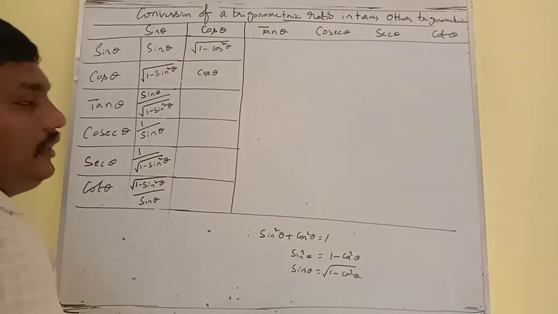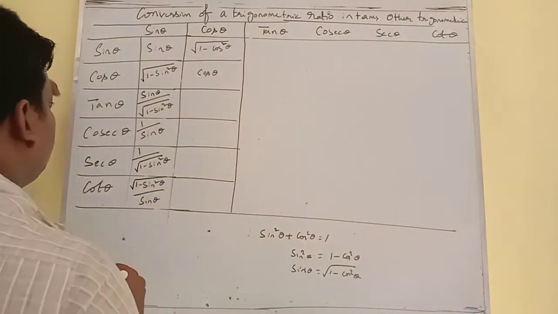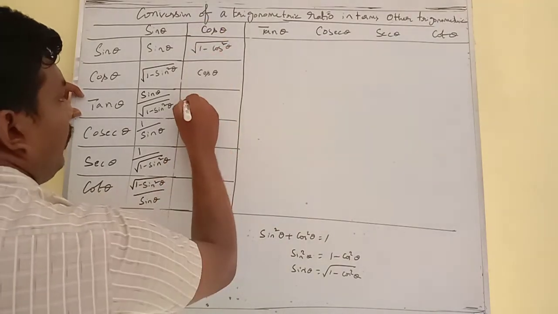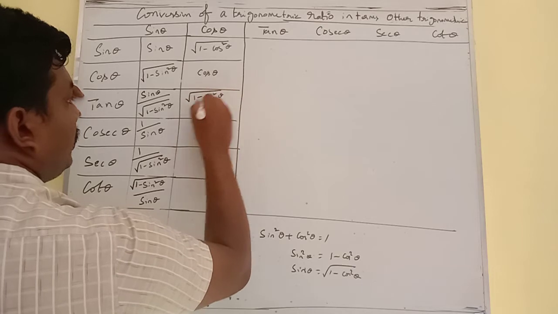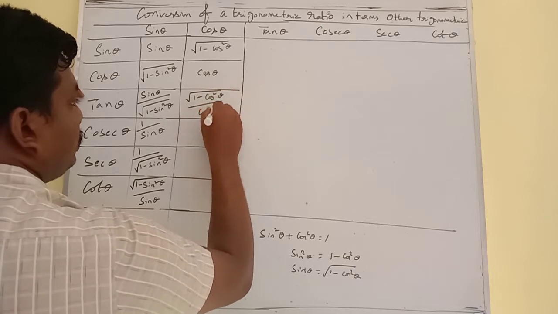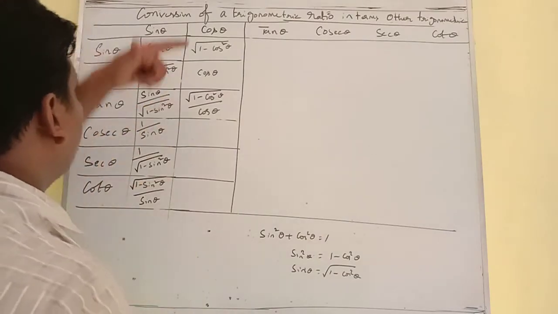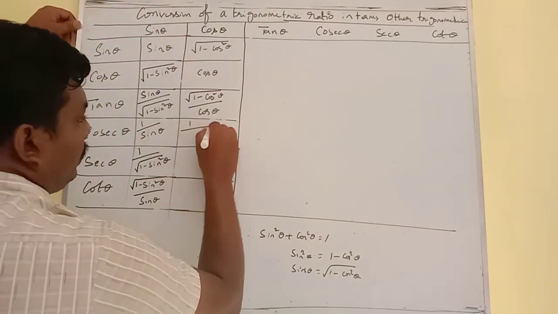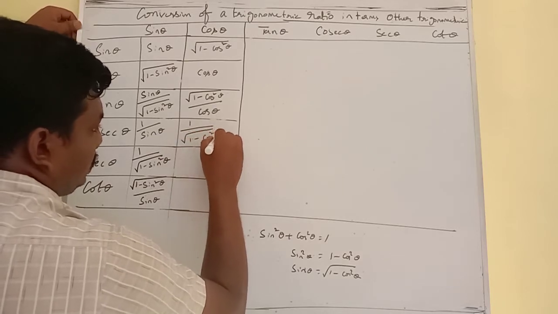Then coming to tan theta, we already know tan theta equals sine theta by cos theta. So in terms of cos theta, it is root of 1 minus cos square theta by cos theta. Then cosecant theta is the reciprocal of sine, that is 1 by root of 1 minus cos square theta.